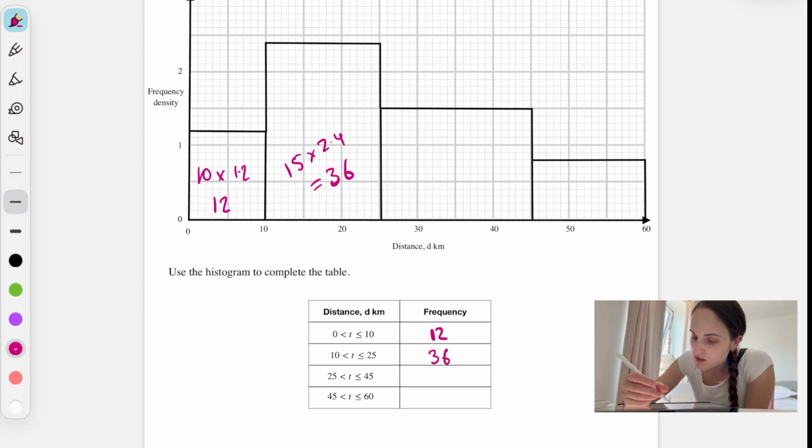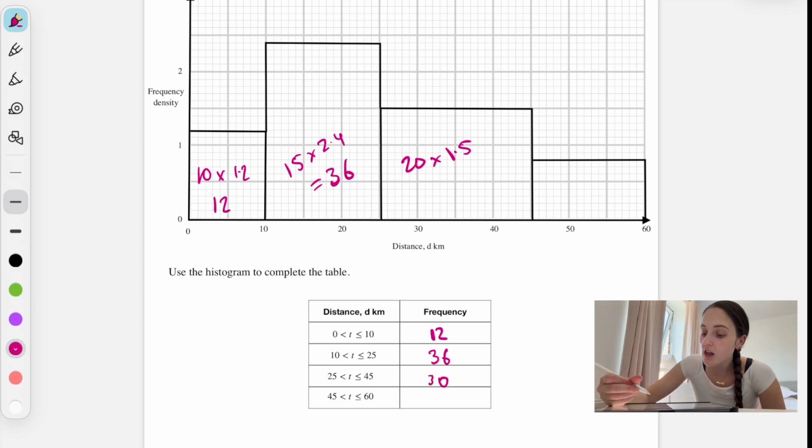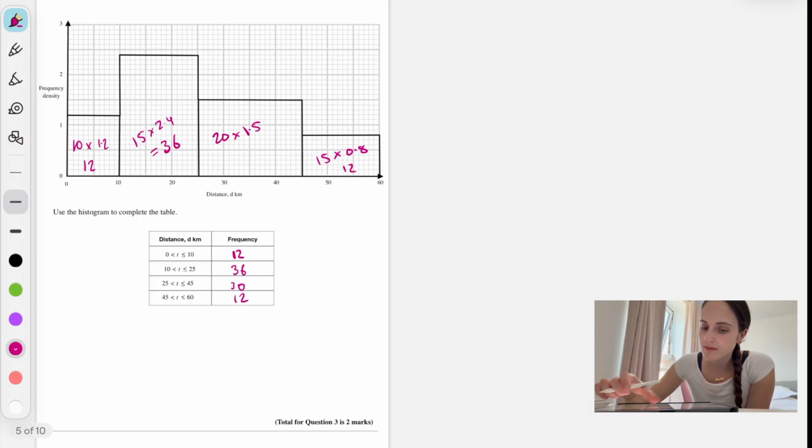The next one is between 25 and 45, so that's 20 base, and the height is going to be 1.5, so 20 times 1.5 is going to be 30. And then the last one, from 45 to 60, the base is 15 and the height is 0.8. So 15 times 0.8 is going to give us 12. So that means the last one is 12. So that is that question complete.